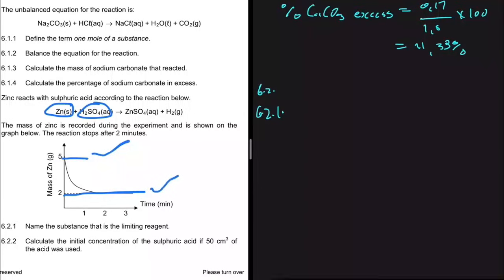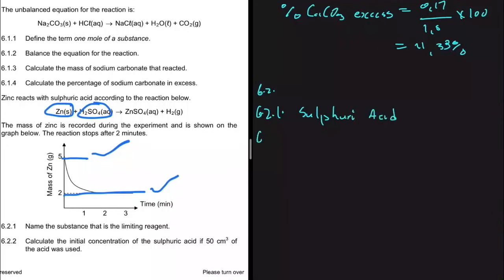Clearly, what was causing the mass of zinc to be converted to something else is depleted. So zinc is being limited by something it's reacting with, and the only thing it's reacting with is sulfuric acid. So the substance that is acting as the limiting reagent is the sulfuric acid. So for 6.2.1, you just say sulfuric acid.